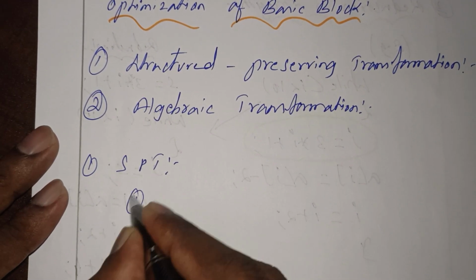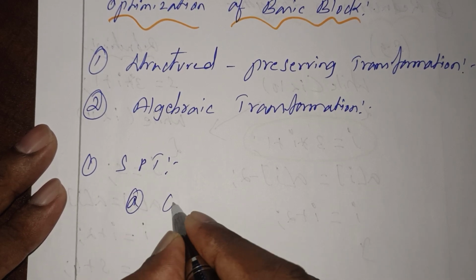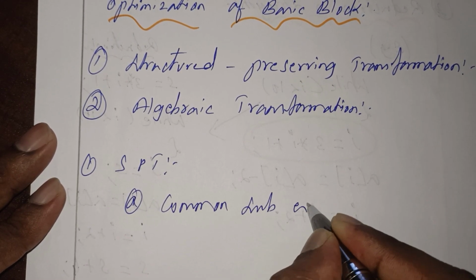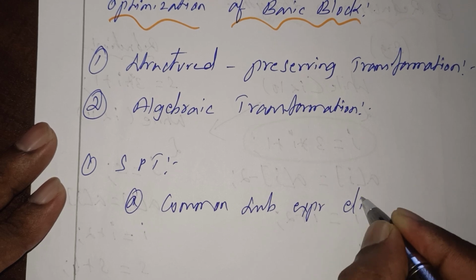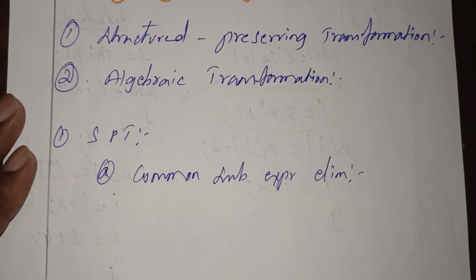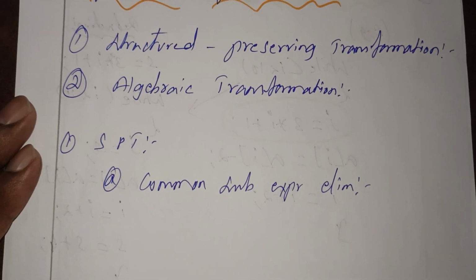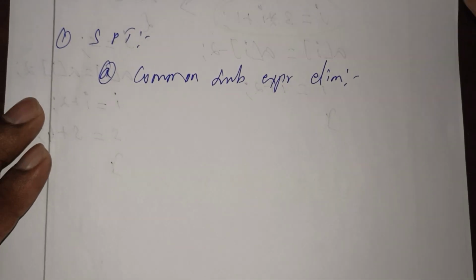The first example I'm going with is common sub-expression elimination. What happens here? You can recall what we discussed in the principal sources of optimization. Here I'm going to take a general example, a different one that was not discussed before.